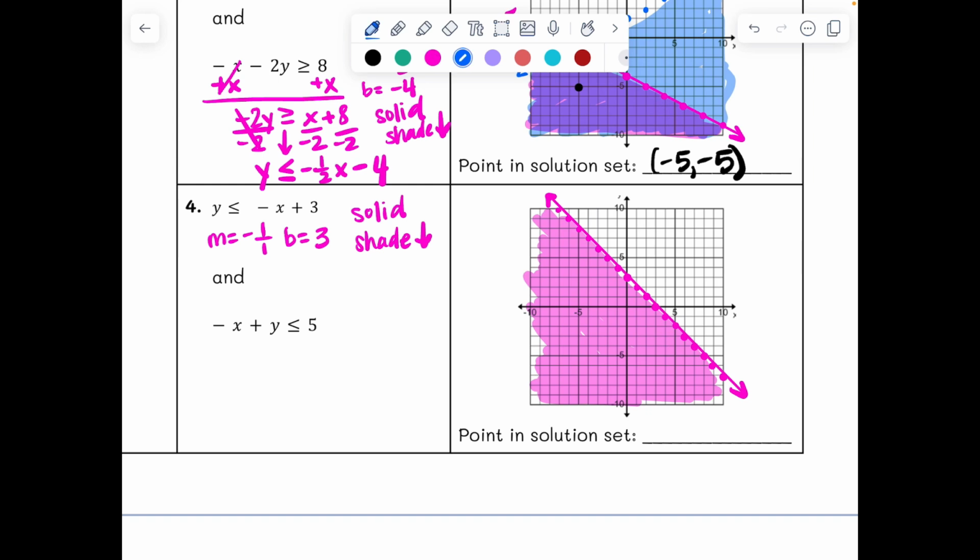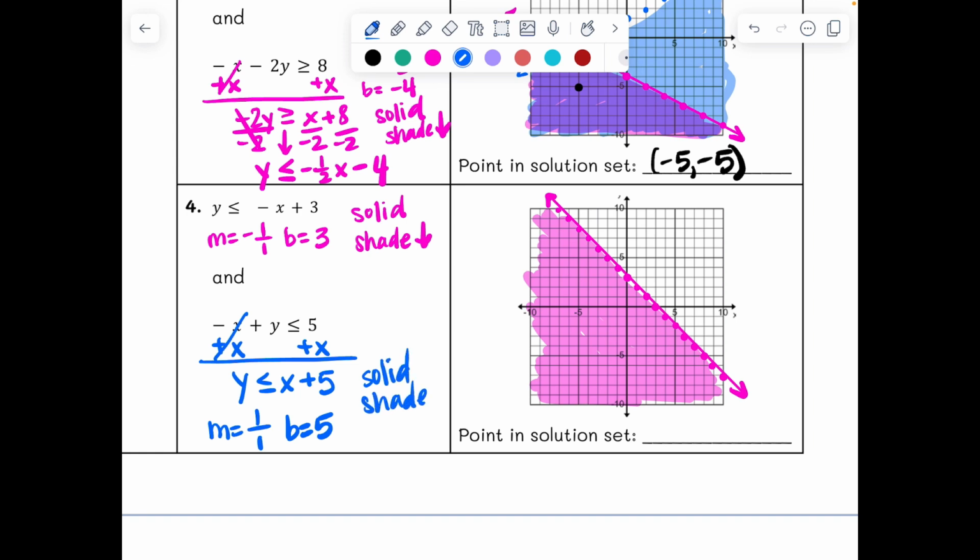And for negative x plus y is less than or equal to 5, converted to slope-intercept form, y is less than or equal to x plus 5. So slope is 1 over 1, and y-intercept is 5. Solid line, shade down. So y-intercept is 5.